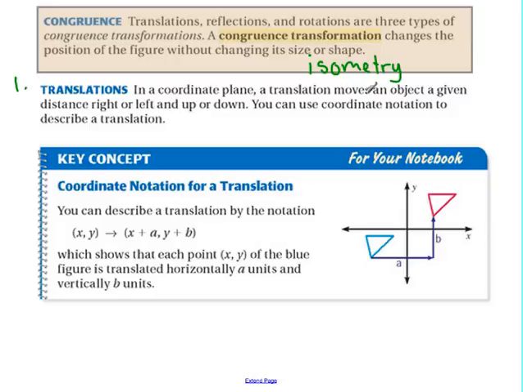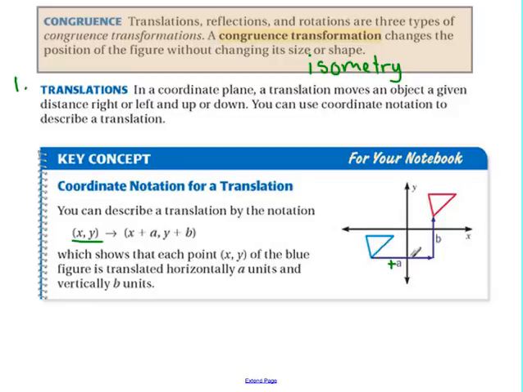In a coordinate plane, a translation moves an object a given distance, right or left, and up or down. You can use coordinate notation to describe it. Here's coordinate notation. If we are given some coordinates like x and y, and we're moving to the right some positive a value, we'll take x, whatever we started with, and add a to it.